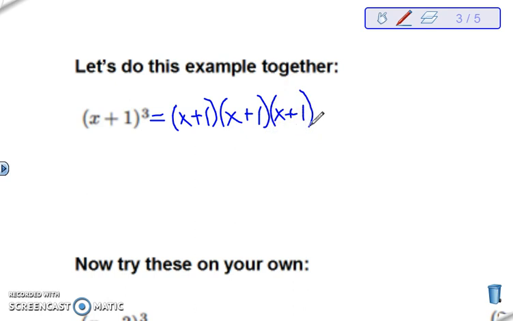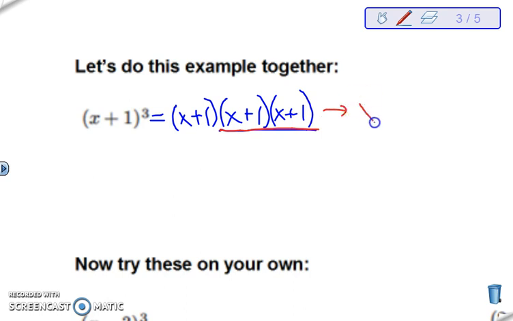So I'm going to suggest sort of combining the methods we did for the last 2 examples. So the first thing we're going to do is multiply 2 of the parentheses together, and then take that answer and multiply it by the third. Right?